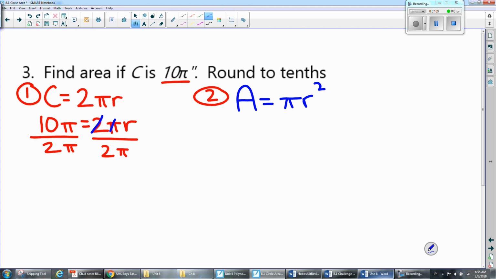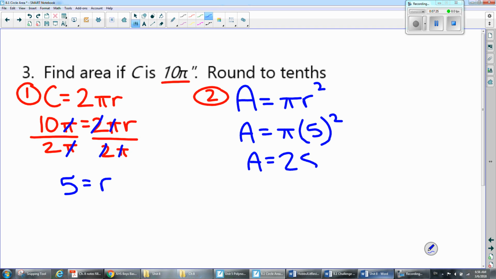Here our pi's cancel. So we're left with 5 for the radius. So in our area formula, we have pi times 5 squared to get 25 pi. And if we were rounding this to tenths, type it into your calculator: 78.5 inches squared.